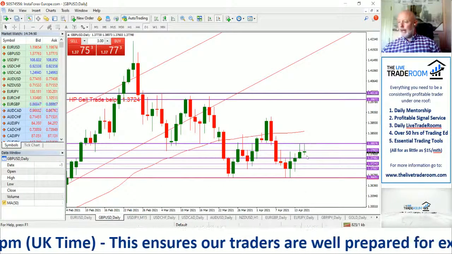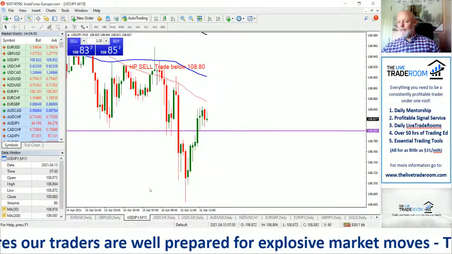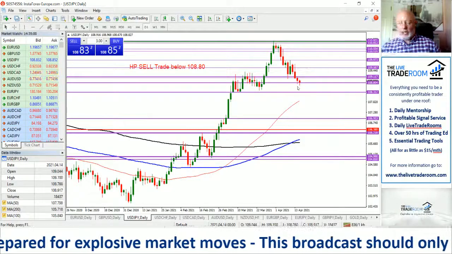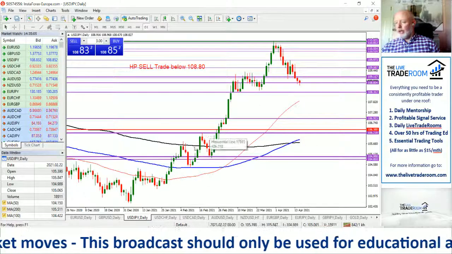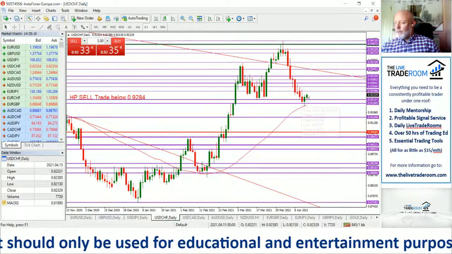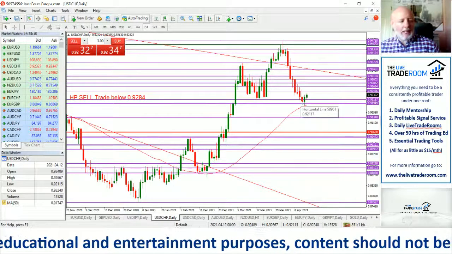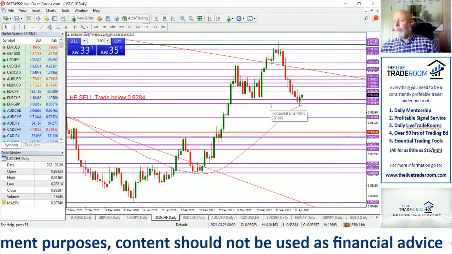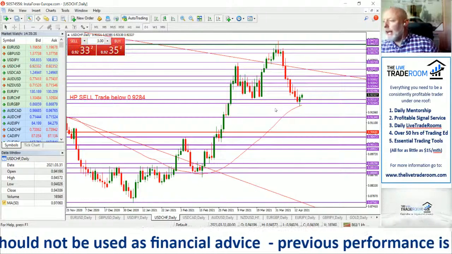Okay, pound dollar, it's just in this indecisive moment. As you can see, the dollar yen, if we look at it on the daily time frame, there's very little volatility in the dollar yen. It's just continuing to grind further to the downside. The dollar Swiss, we've bounced off the 50 period moving average, which is why this level is quite important across these markets, especially when you're trading daily time frames.